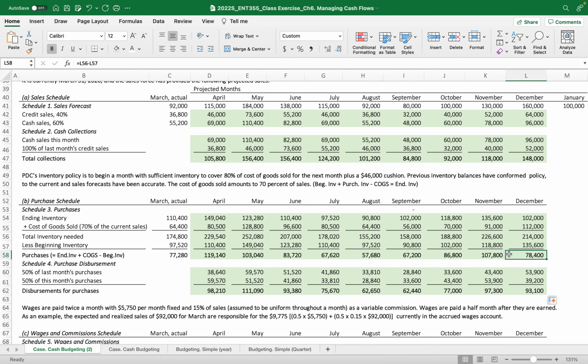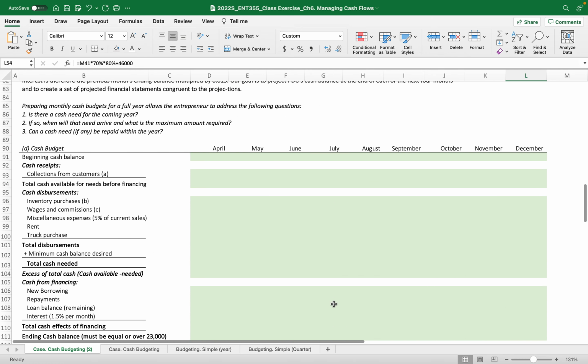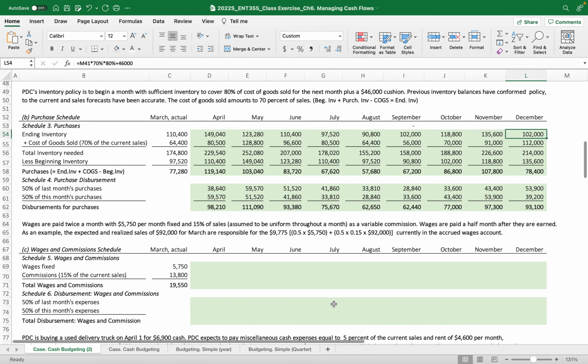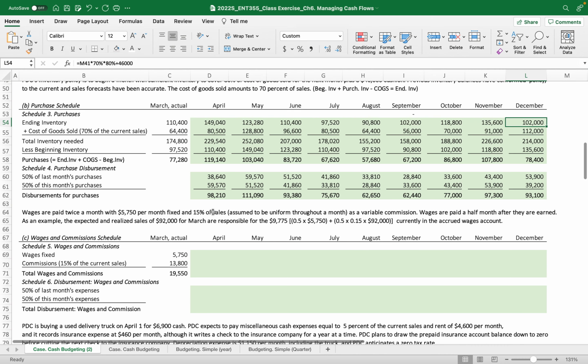This inventory information will be used on the budgeted balance sheet. But on the cash budget, we are going to use this actual disbursement of the inventory purchase.